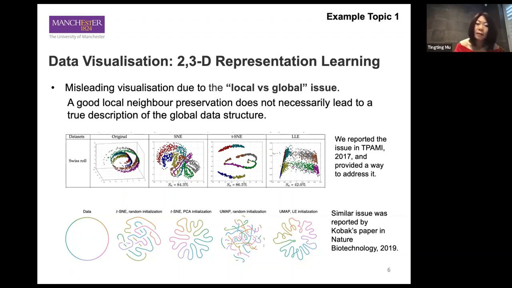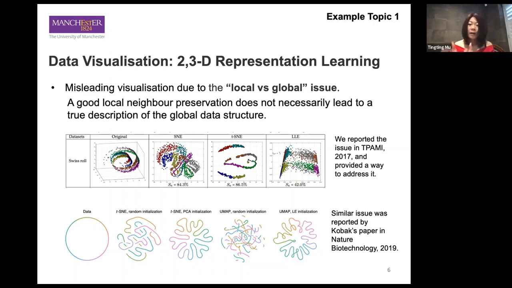We reported this issue in a paper we published in TPAMI in 2017. We used a 3-dimensional Swiss roll dataset here. You can see for the 2 algorithms in the second and third columns of the top figure, the algorithms preserve the neighbor preservation score pretty well, but they have a pretty arbitrary global data structure.